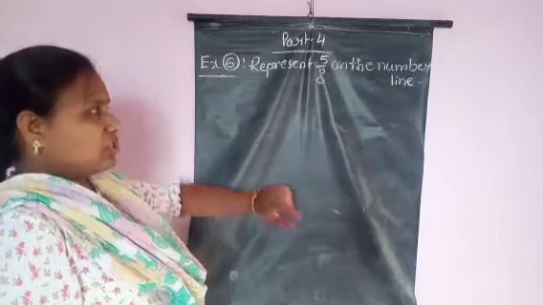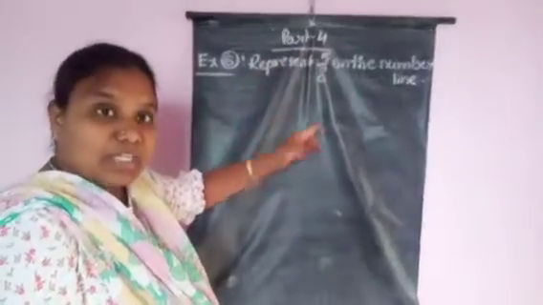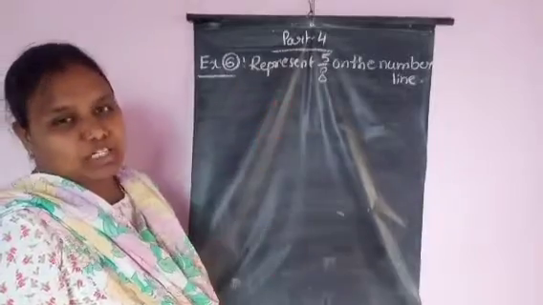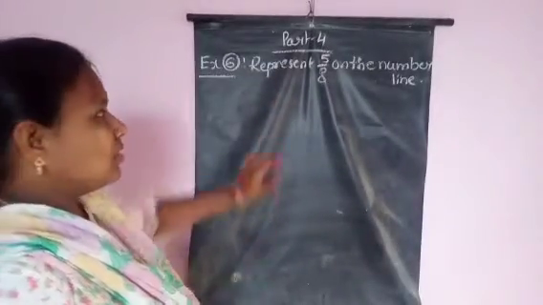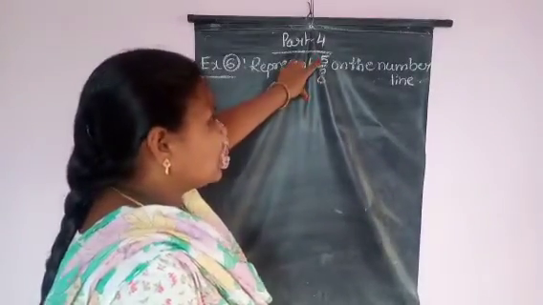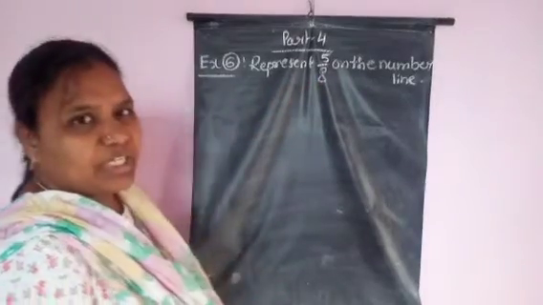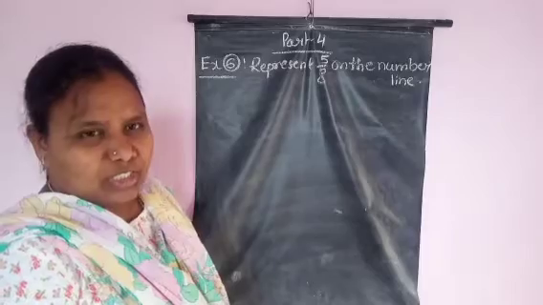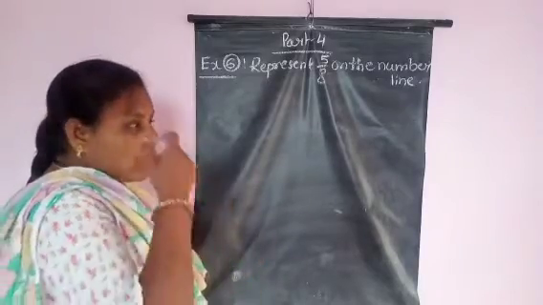First we have to check whether the given number is a proper fraction or an improper fraction. The numerator is less than the denominator, so the given number is a proper fraction.